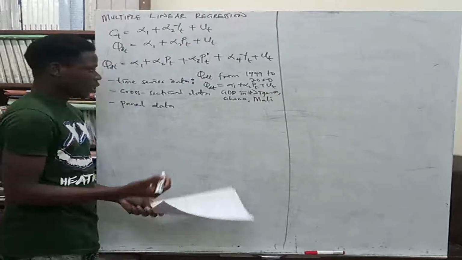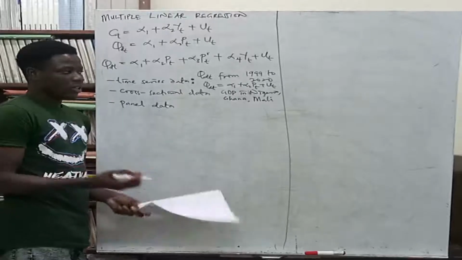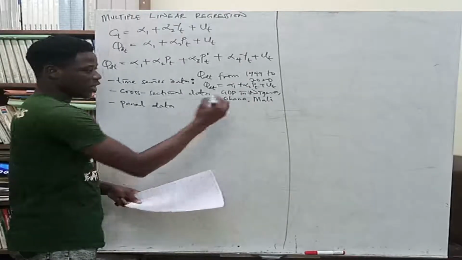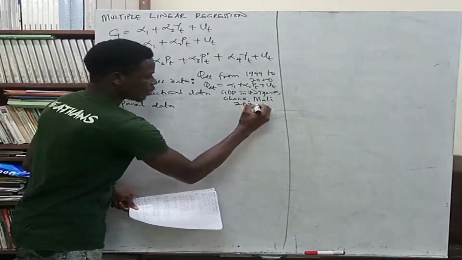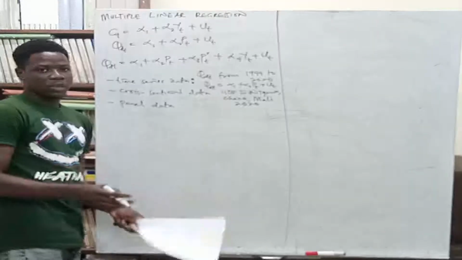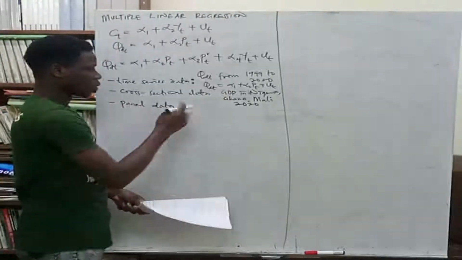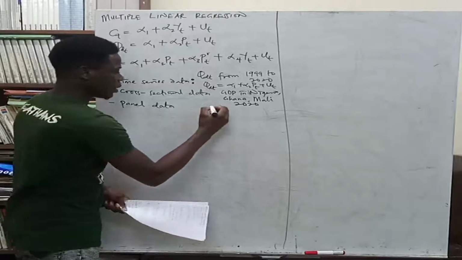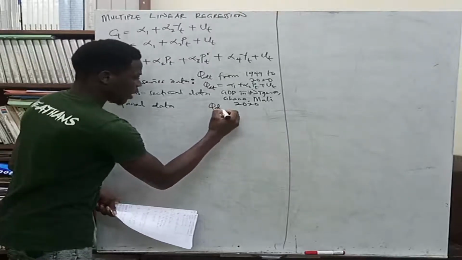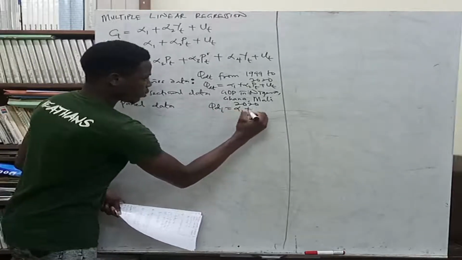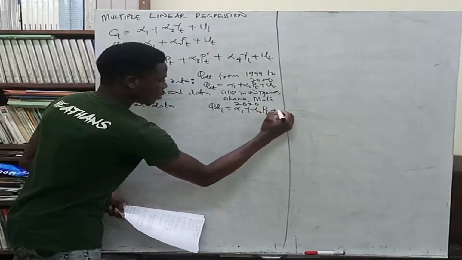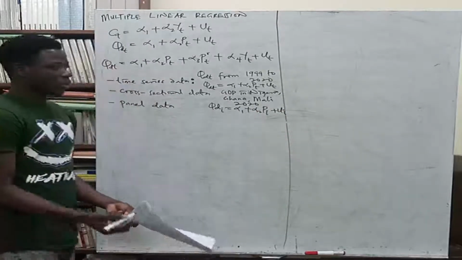These three countries, we're looking at what the GDP is in each country for the year 2020. That's at a particular point in time, so that's cross-sectional data. And how you know this is, it comes with a subscript i: Pi plus ui. That's cross-sectional data.